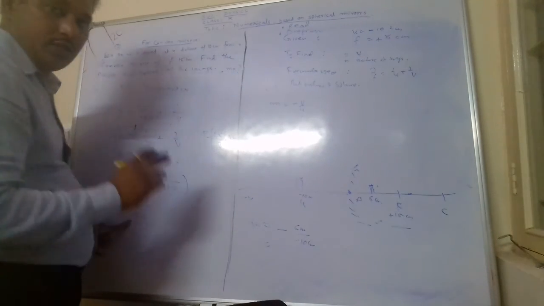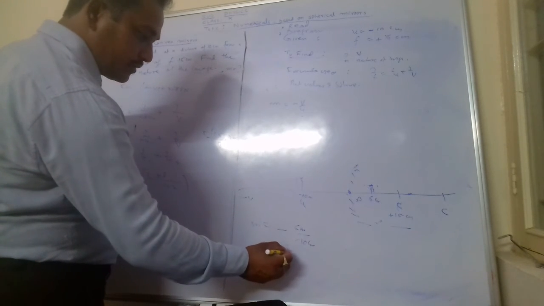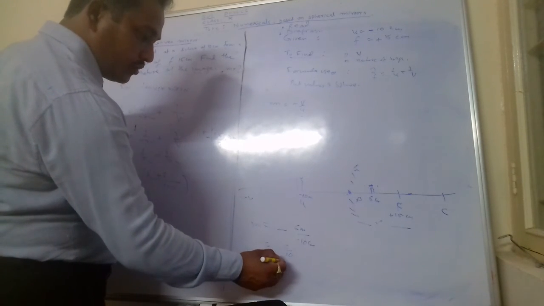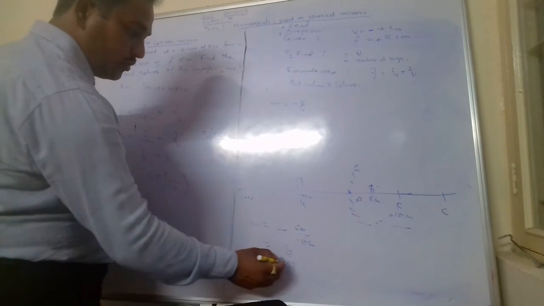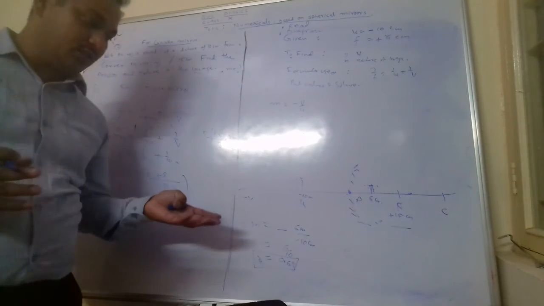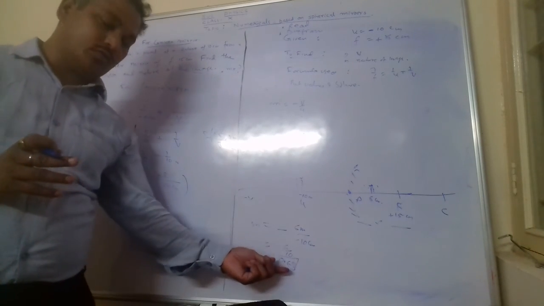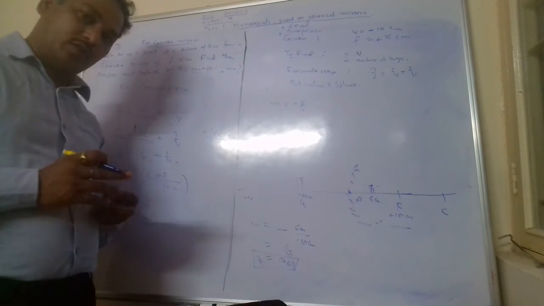You put it and then solve it. You will get 6 by 10, which is equal to 0.6, and magnification has no unit. So how many times is it zoomed or reduced? m is equal to 0.6 times the image is formed of that object.